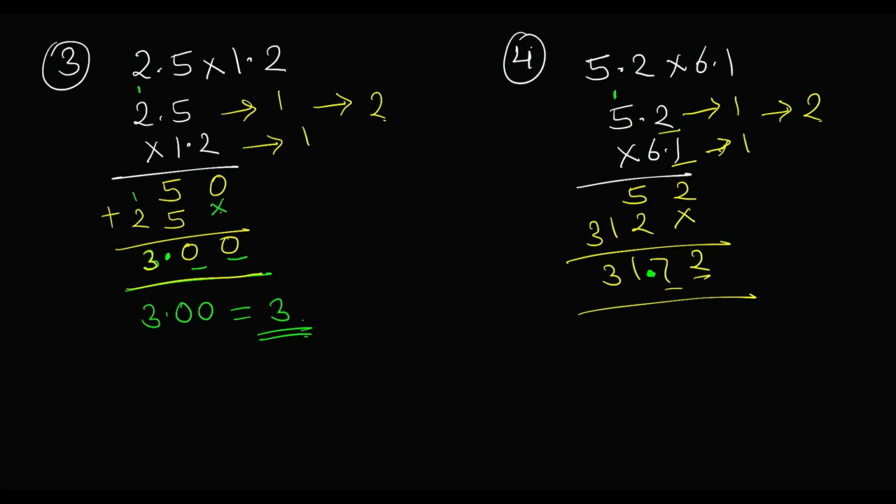So our answer is 31.72. That is our answer. Easy rule to remember: multiply first and decimal later. This one rule will help you solve almost every decimal multiplication question.